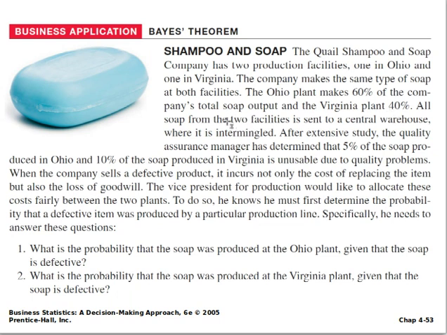All soap from the two facilities is sent to a central warehouse where it is intermingled. After extensive study, the quality assurance manager has determined that 5% of the soap produced in Ohio and 10% of the soap produced in Virginia is unusable due to quality problems.